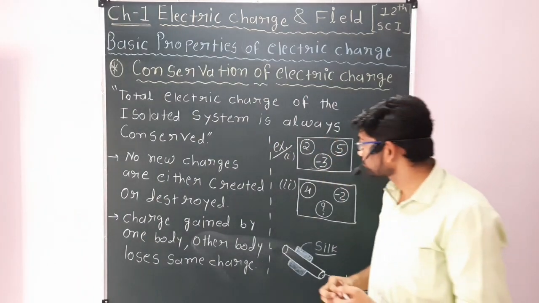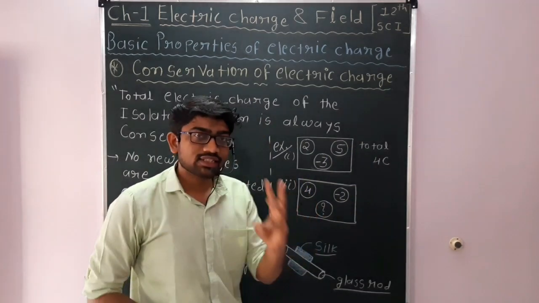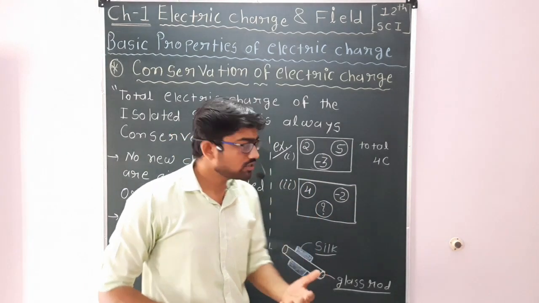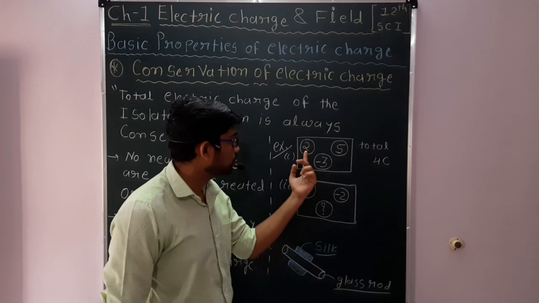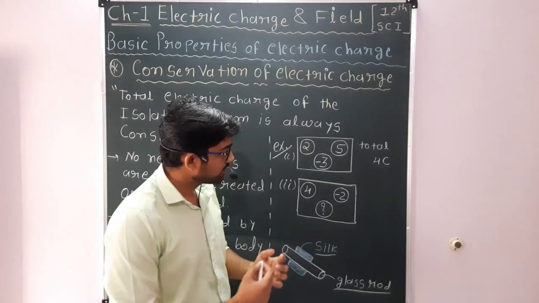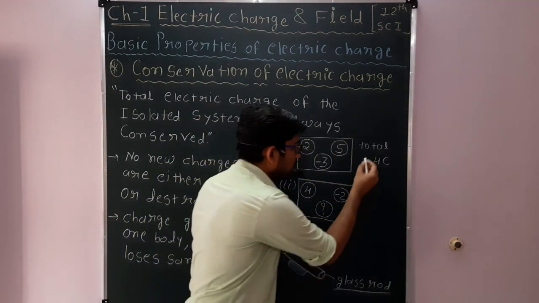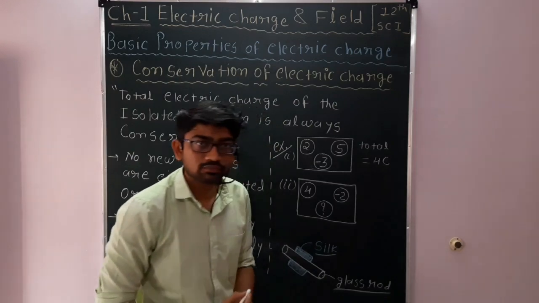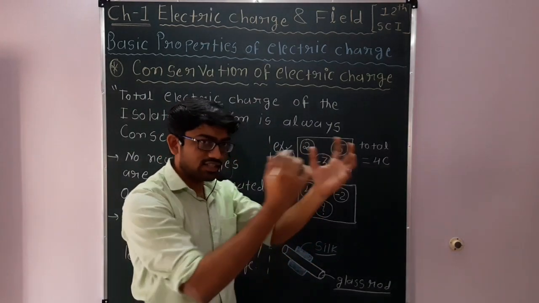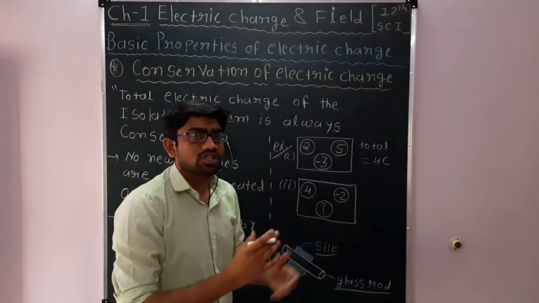For example, suppose this is one isolated box where 3 spheres are present. Each sphere has a different charge: 2 coulomb, 5 coulomb and minus 3 coulomb. So we can say the total charge present in this box is 4 coulomb. Suppose I reset this box and each sphere gets a different charge.